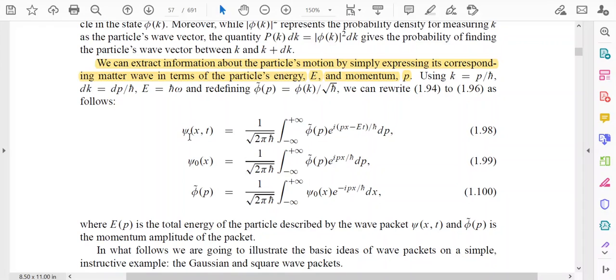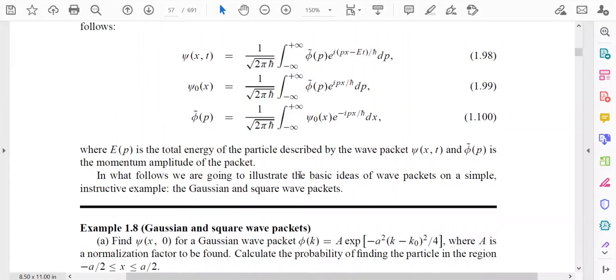Similarly, at t equal to 0, we can describe the wave packet as psi 0 x. So we have just used t equal to 0 here. Here psi 0 x has been written in terms of the momentum. So these are the energy and momentum representations of the wave packet.